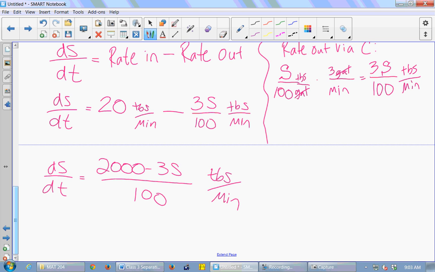Okay, so the hard part of this problem is writing the differential equation. Analyzing the solutions to the differential equation, we can do via some analytic techniques. No, that's a 20. That's definitely a 20. But when I combined these two fractions, I added them together, so I had to get a common denominator.